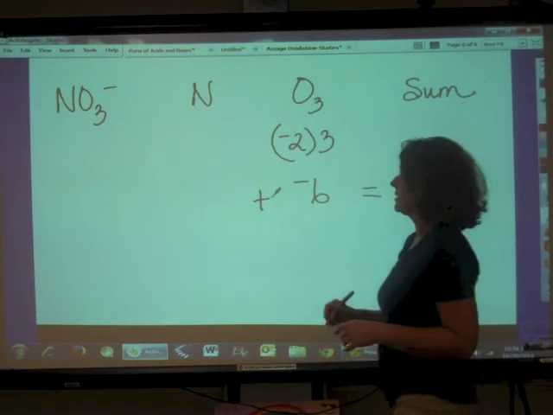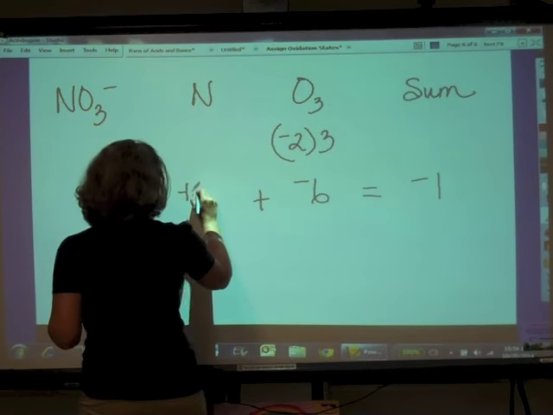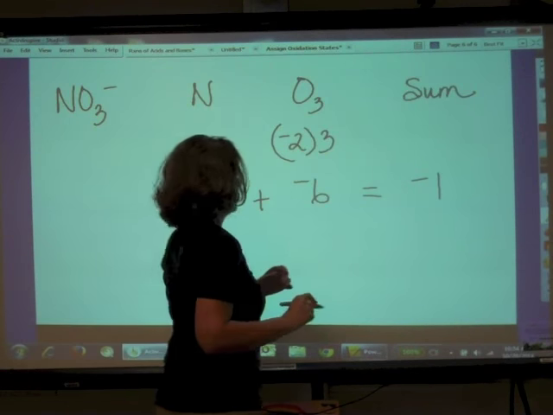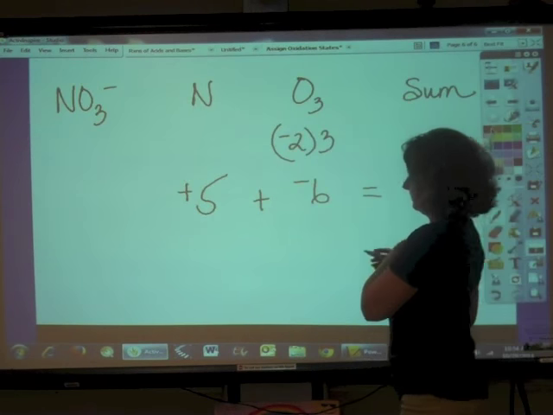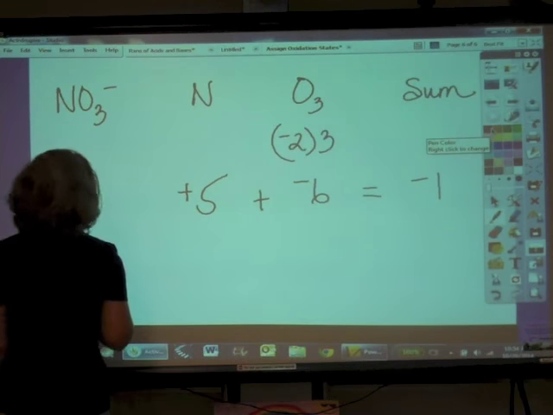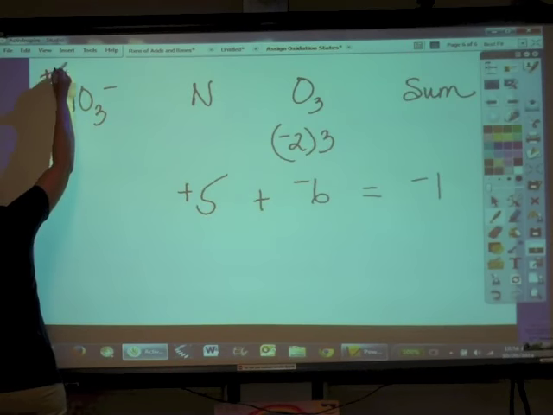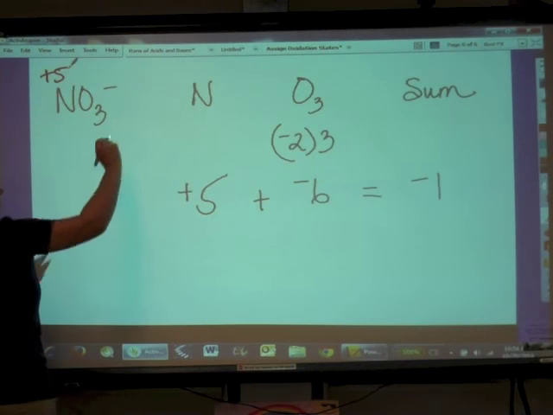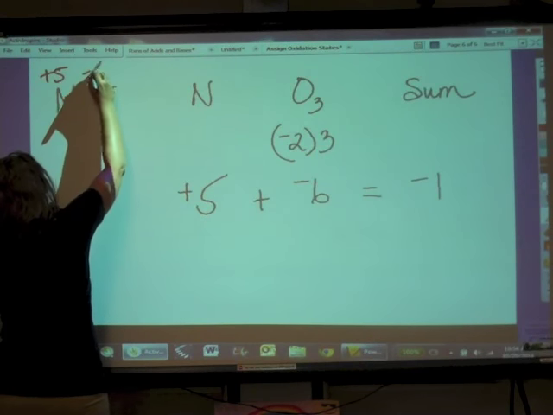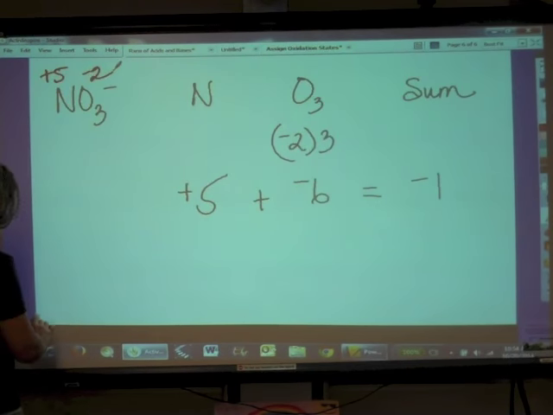That's going to be positive 5. So in nitrate, nitrogen has an oxidation state of positive 5. And as always, oxygen has an oxidation state of negative 2 in this compound. And that is that.